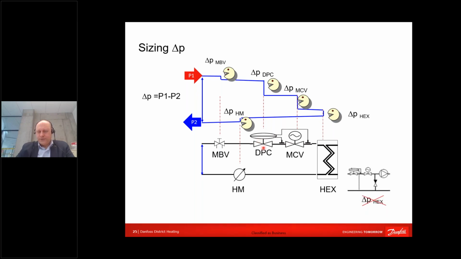If you are sizing stations with a mixing loop, you are just not including differential pressure of this very loop into the pressure drop calculation, because the pump has to circulate water inside of the building.